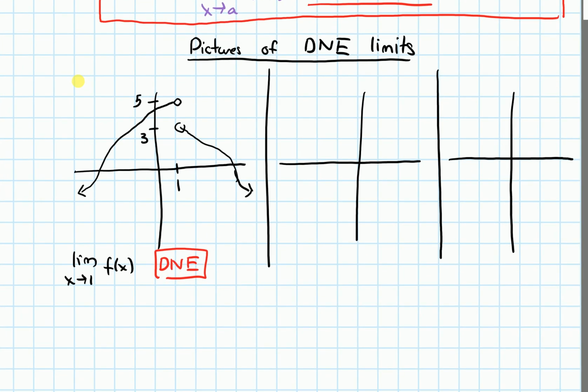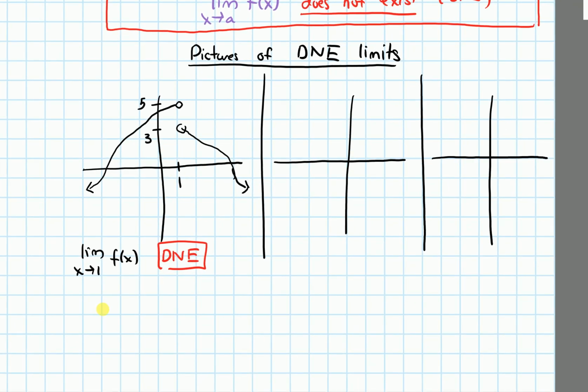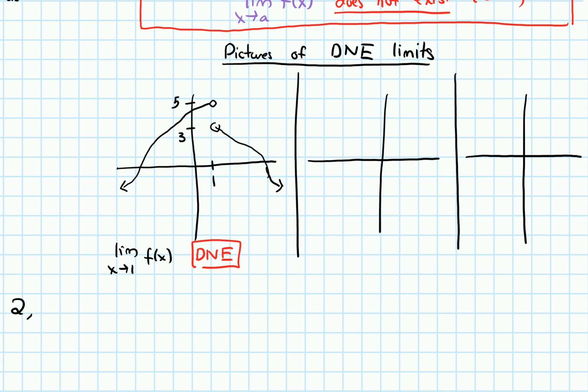Okay, so I need to write a little bit, let's just zoom out. This limit does not exist. So what is the reason? The reason here is that as x approaches 1, and this is how I write it symbolically, I write x with an arrow going to 1, and that means x is getting closer and closer to 1.